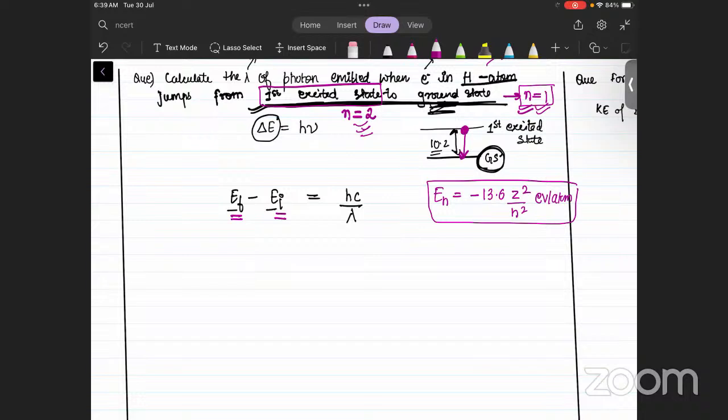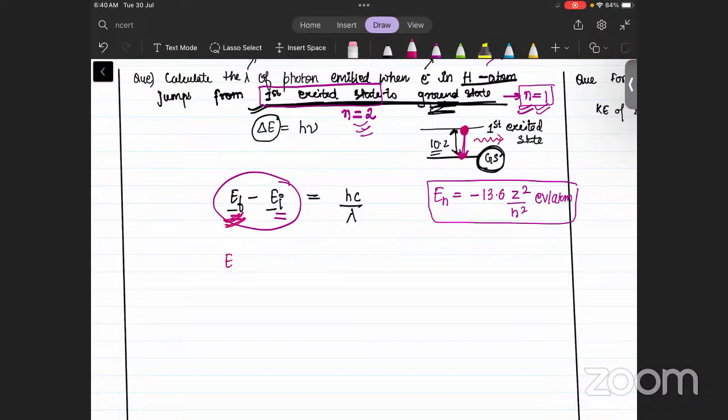And let's suppose in exam you get the formula wrong, you just shuffle the values. Then you have to use your brain that the electron is coming from a higher energy level to a lower energy level, so energy will be emitted.